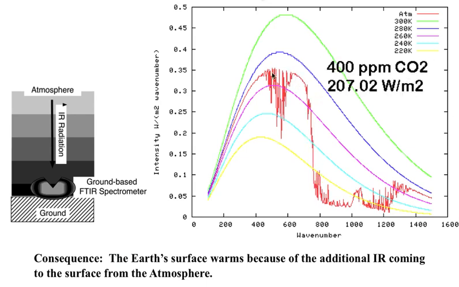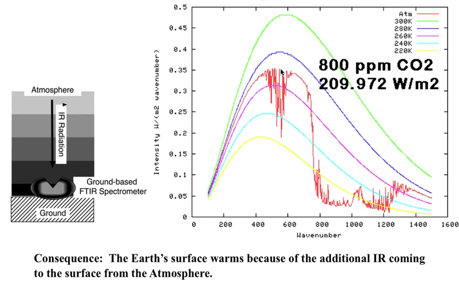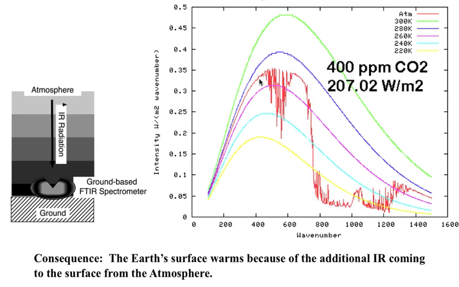There is a pretty good fit to the envelope of this calculation in this spectral range. And that's because the emission is strong by the gases in this spectral range, meaning that the infrared radiation is coming from fairly close to the surface as well.